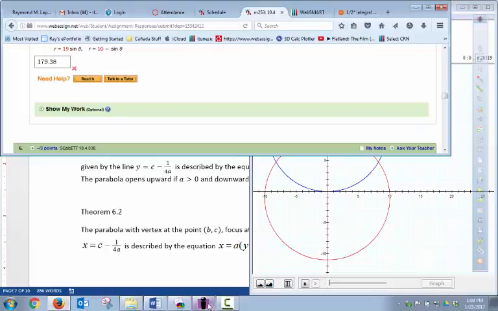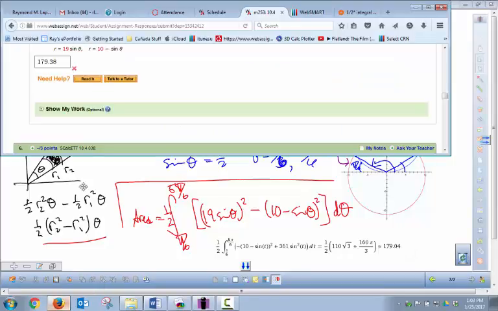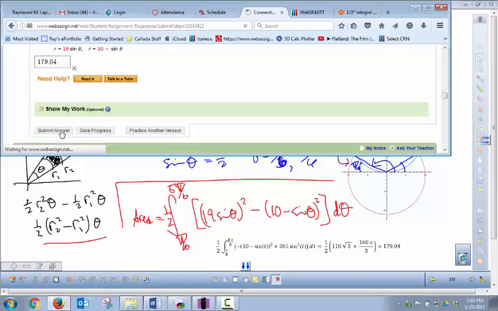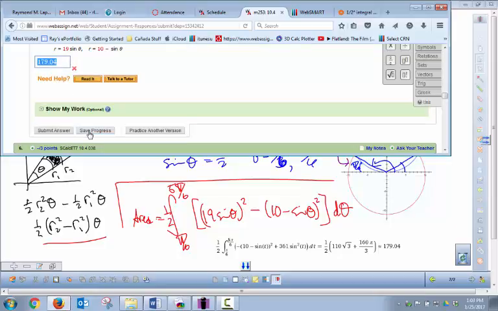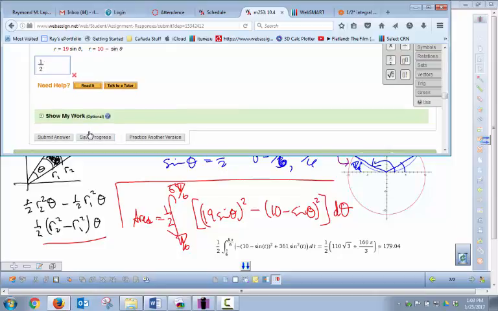179.04. That's what I got. Let's try 179.04. It just wants a simple answer, like if you had to practice another and get a run with the answer.